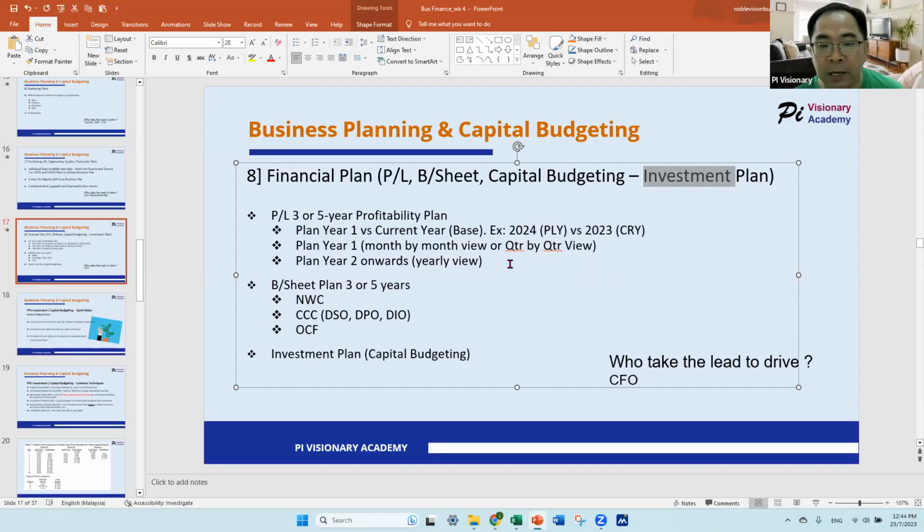So the finance director is also informed, and he collects all the sales information, production information, the purchasing information, and then he prepares this P&L, a 3 to 5 year financial P&L, and then he prepares the balance sheet position. Still remember this? Kuan Yin, still remember this?